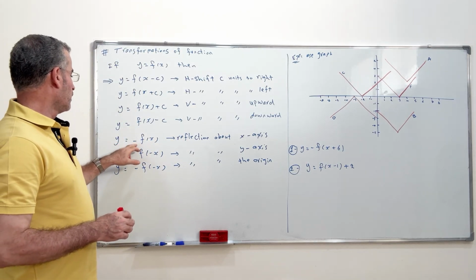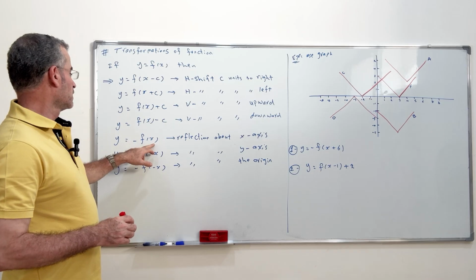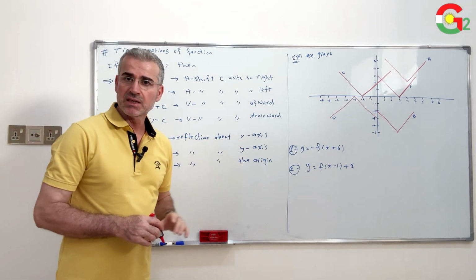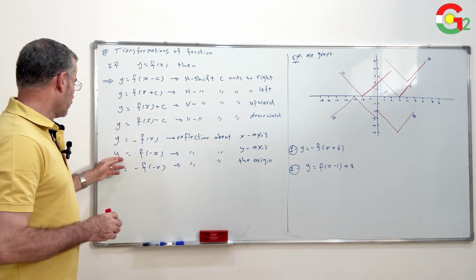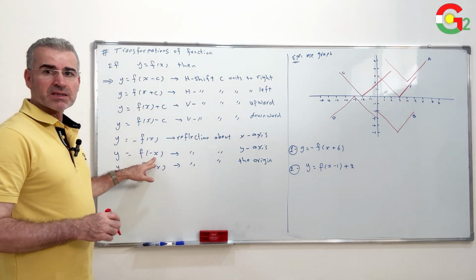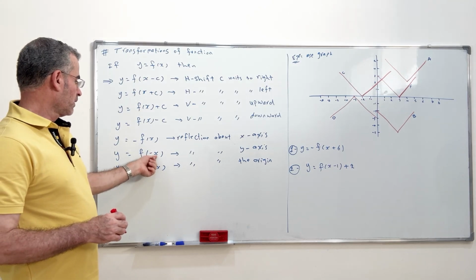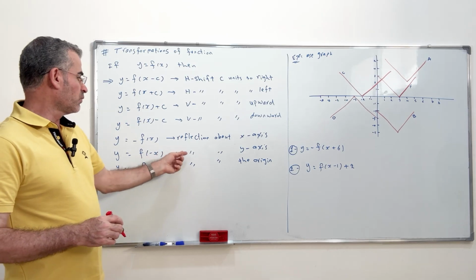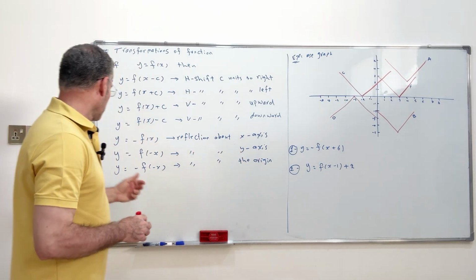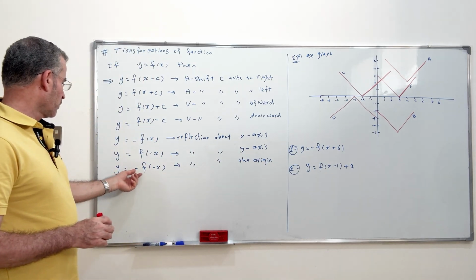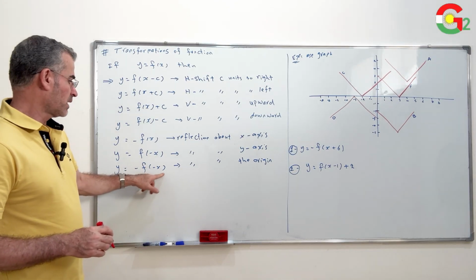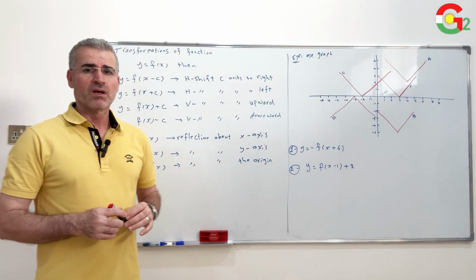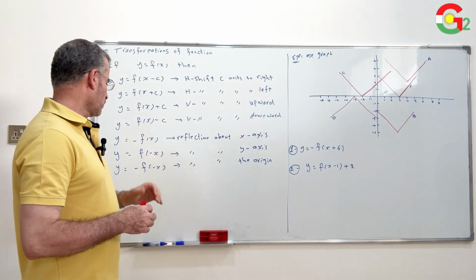If y equals minus f of x, then we have a reflection about the x-axis. If y equals f of minus x, the variable preceded by a negative, then we have a reflection about the y-axis. And finally, y equals negative f of negative x, then we have a reflection about the origin, or reflection about the x-axis and y-axis.